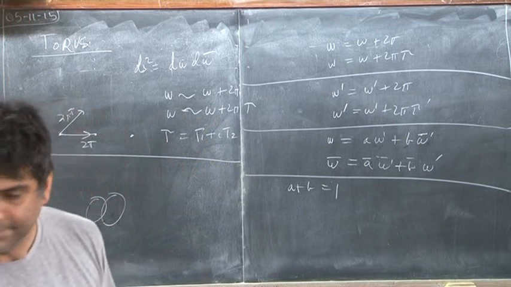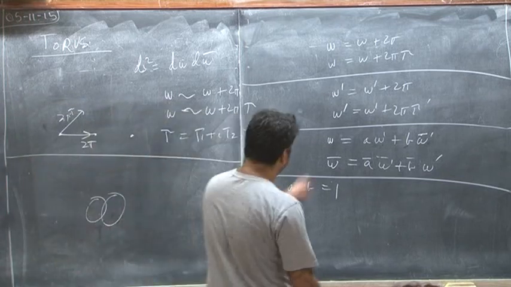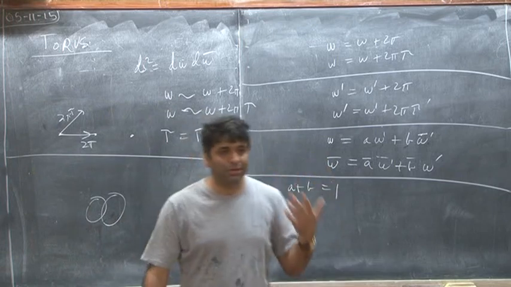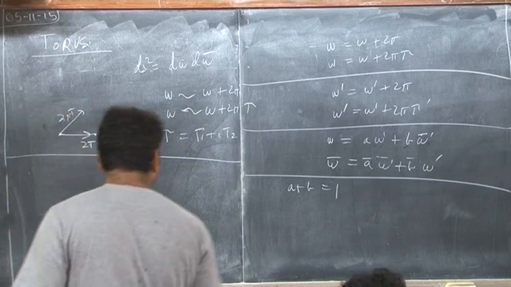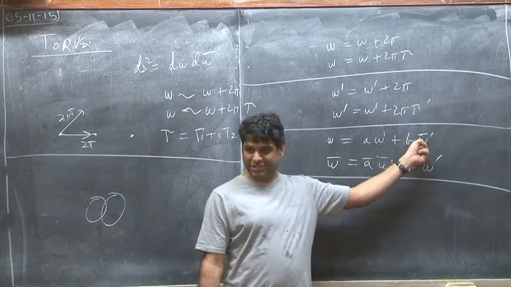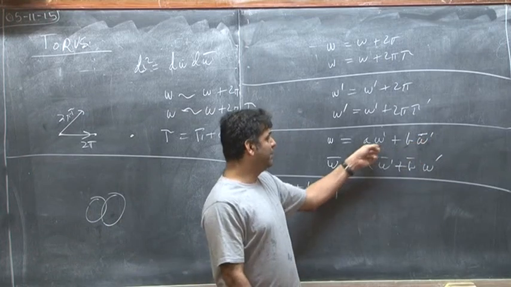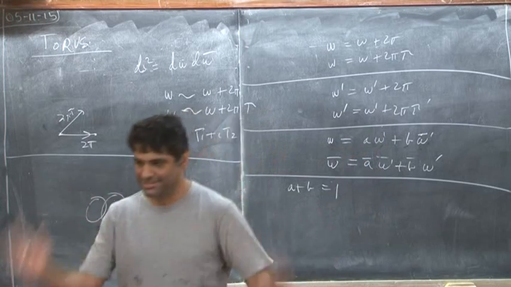So, is this clear? We also want that when w changes by tau, a plus b, sorry, equal to 1 or a plus b tau is equal to 1? No. We want 2 pi and 2 pi to match each other. So when w' changes by 2 pi, we want w to change by 2 pi. No, tau is not entered.